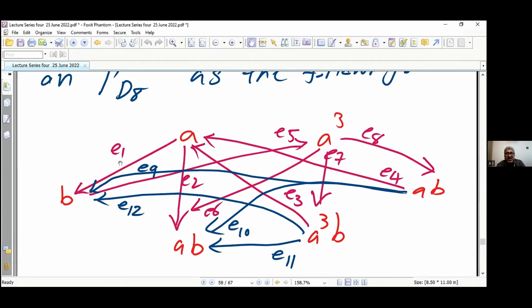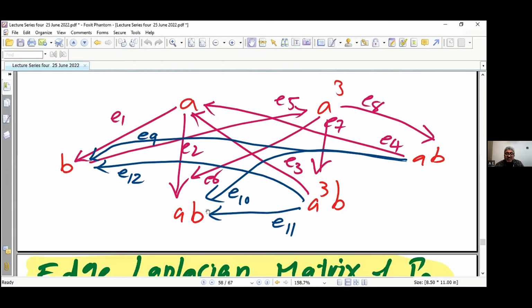For example, E1 is an edge from A to B. E2 is an edge from A to AB. E3 is an edge from A cubed B to A. E4 is an edge from AB to A. E5 is an edge from B to A cubed, and so on. So we have 12 edges.